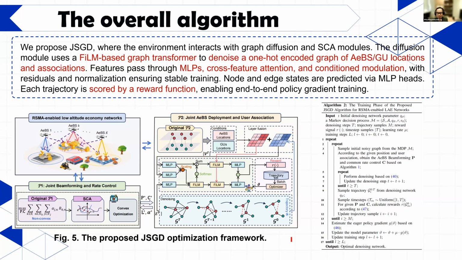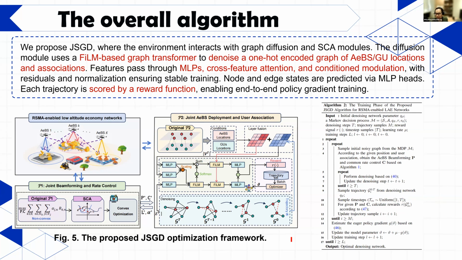The features pass through the multi-layer perceptron network and cross-feature attention, and then we have the condition modulation that imposes the constraint into the network. The residual and the normalization are applied to ensure stable training.